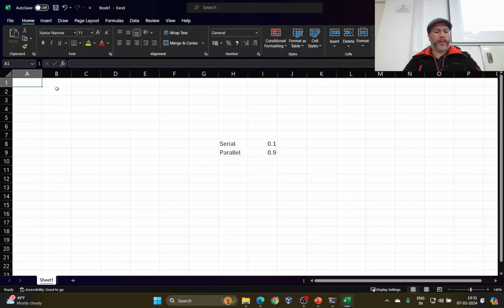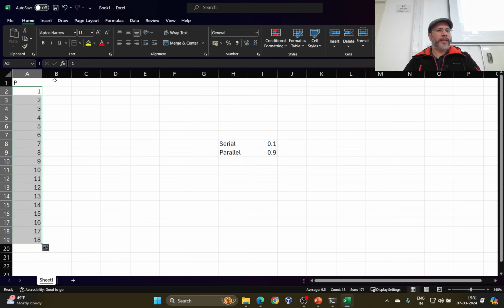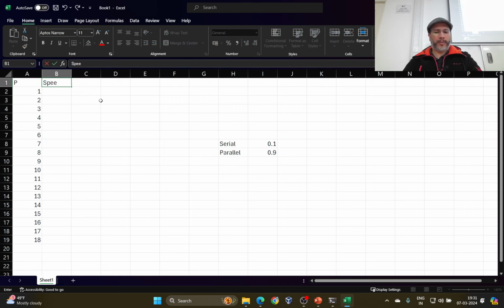And then you plot the value of P, which is the number of processors. So we can just have a range of values of P, and here you can have the value of speedup. Okay, let's call it theoretical speedup.